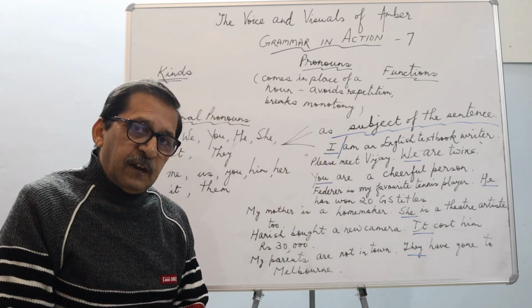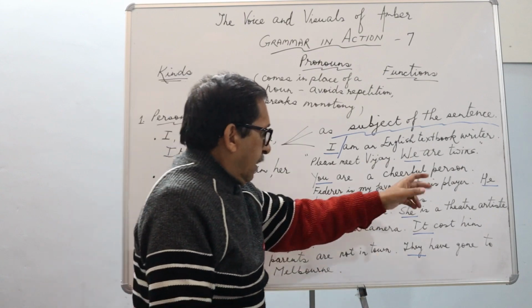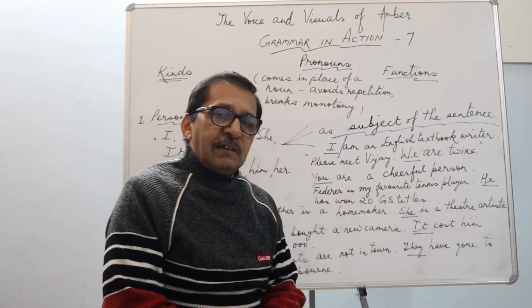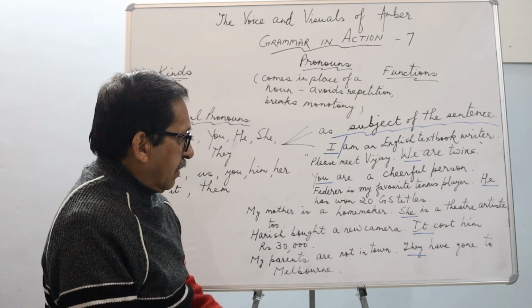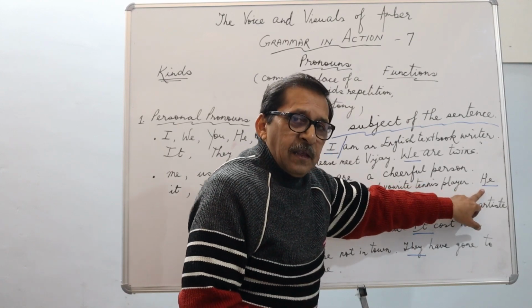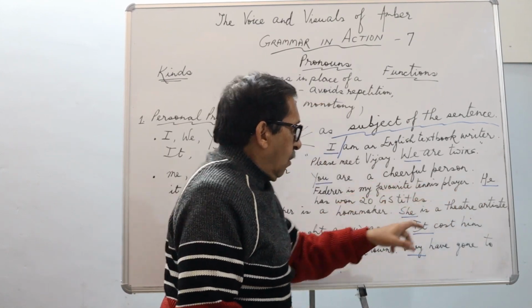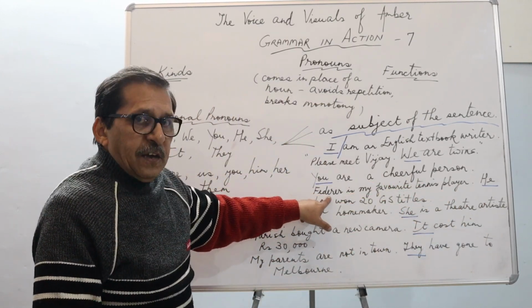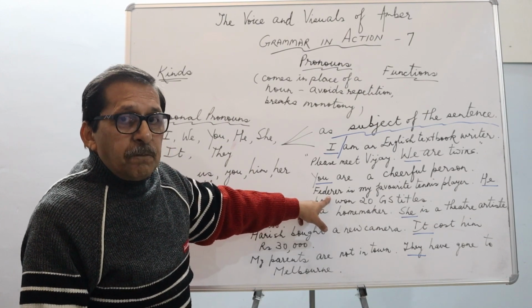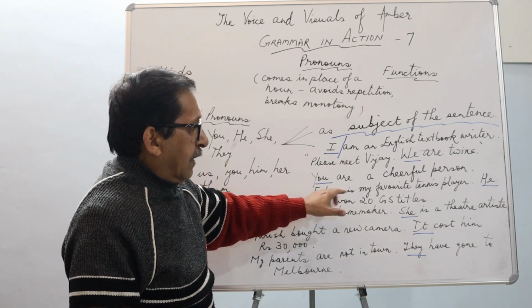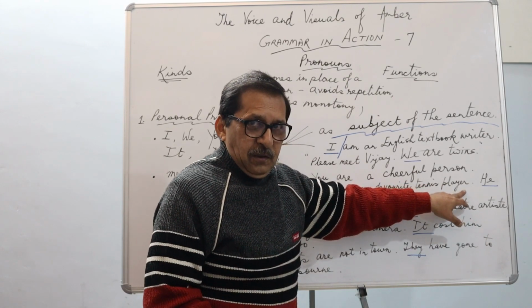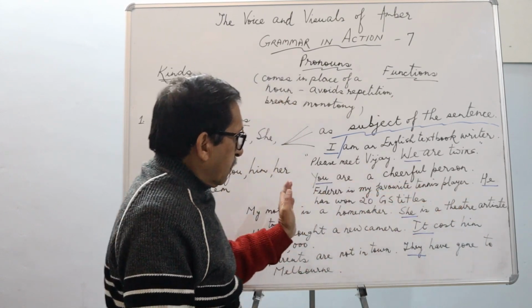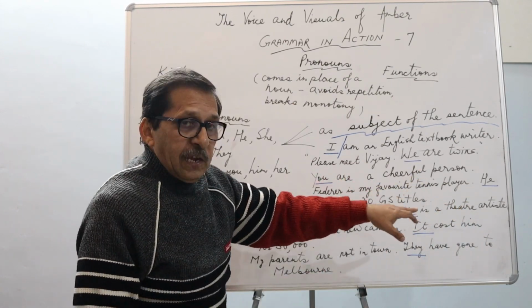Federer is my favorite tennis player. He has won 20 Grand Slam titles. So again, the third person personal pronoun he over here replaces Federer. I don't want to repeat the name of Federer in my second sentence, in continuation. So Federer is my favorite tennis player.